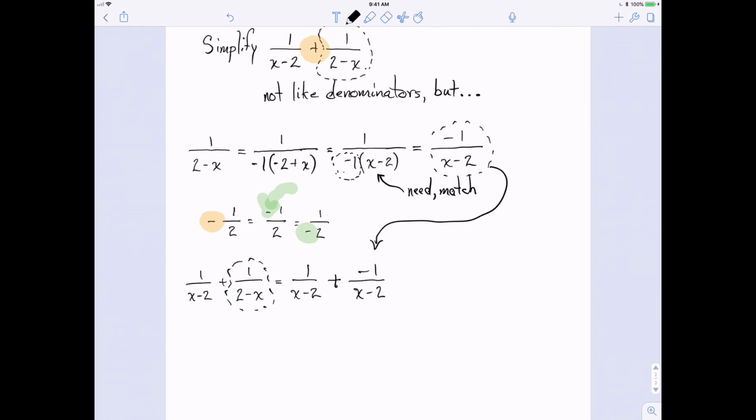The denominators match, so I can write this as 1 minus 1 over x minus 2. 1 minus 1 is just 0. And if 0 is in the numerator, then the answer is very simply 0. And that is how you add and subtract rational expressions.